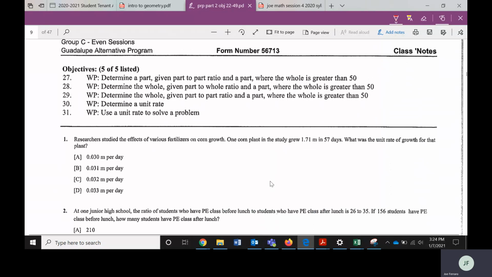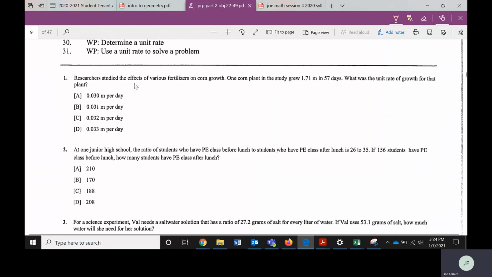So number one, researchers study the effects of various fertilizers on corn growth. One corn plant in the study grew 1.71 meters in 57 days. What is the unit rate of growth for that plant? When they're asking for a unit rate, they want it in something per 1 unit.